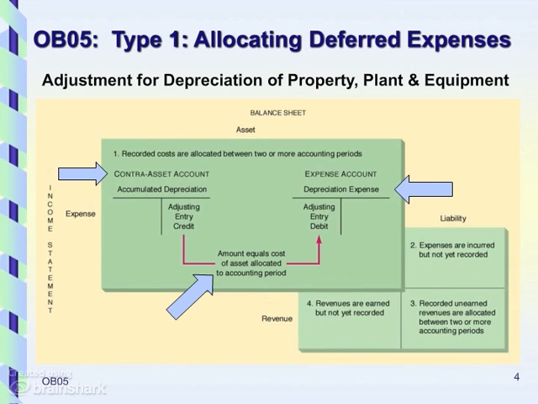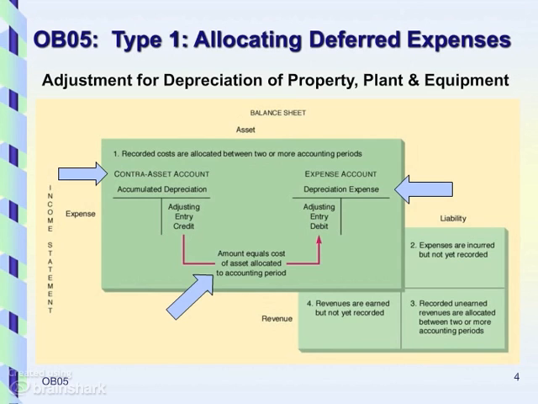Another kind of Type 1 adjusting entry allocating deferred expenses is the adjustment for depreciation of property, plant, and equipment. It is a very common type of adjustment, but just a little bit more complicated.